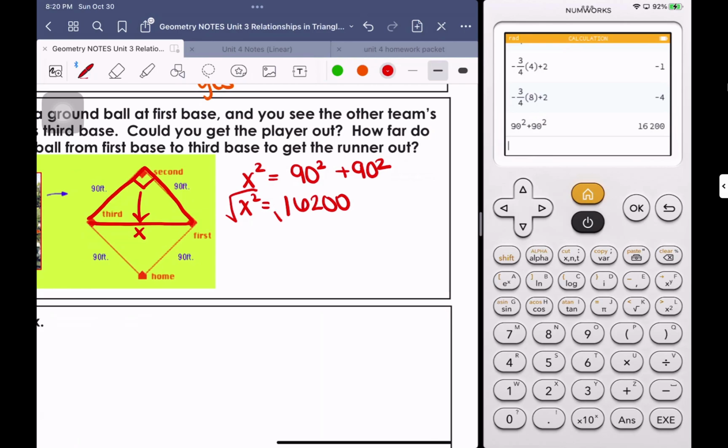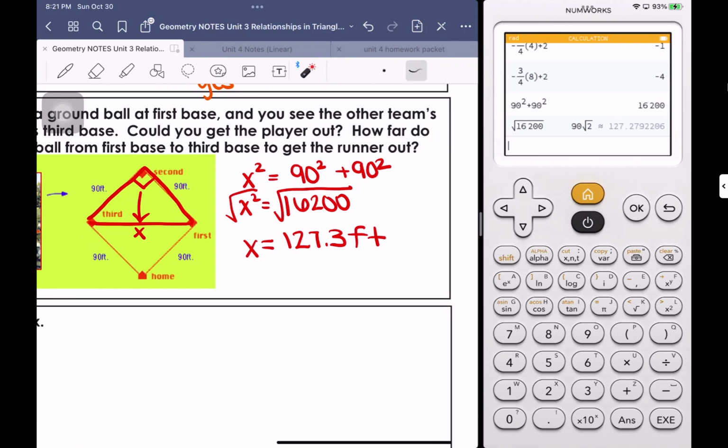Take the square root of both sides. On application problems, you don't have to figure out the simplest form. We'll just take the square root of 16,200. That gets us 127.3 feet, because we know that our unit is feet.